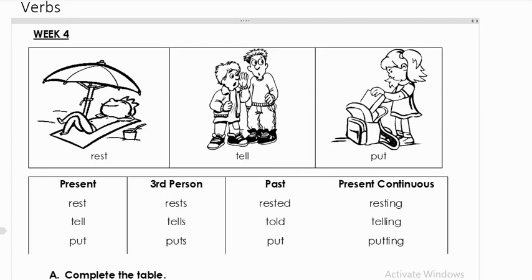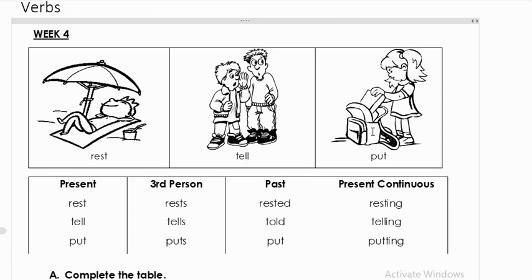But it is also used when we want to narrate stories. For example, Grandma, could you tell me a story about when you were a child? Tell.